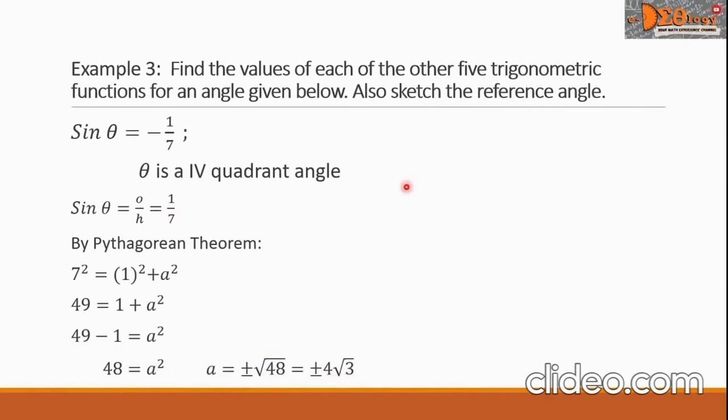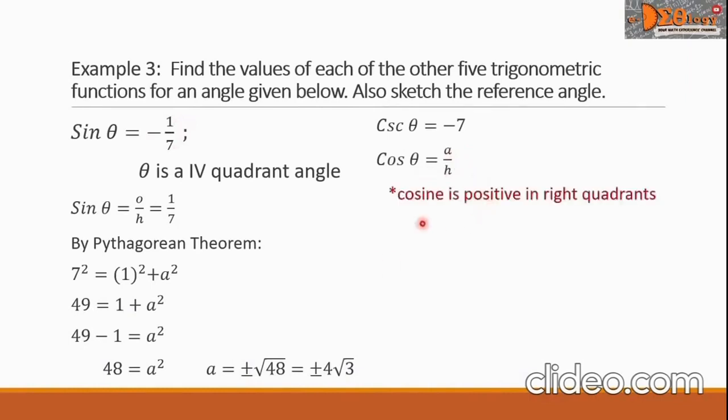The first function that we can write is the cosecant theta, which is the reciprocal of sine theta. So the sine theta is negative 1 over 7. Therefore, the cosecant theta equals negative 7. The next function is the cosine theta, and this is equal to a over h.